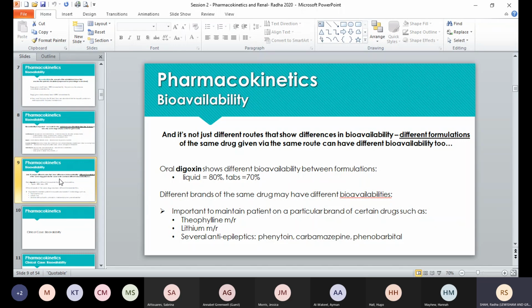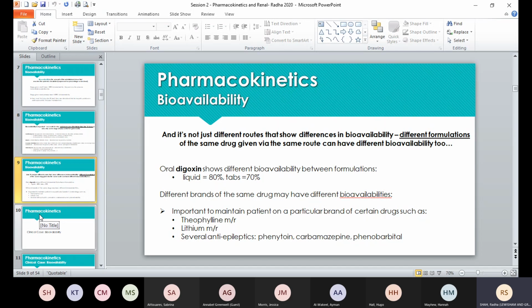Examples of these drugs include theophylline, modified release, a lot of the anti-epileptics, so phenytoin, carbamazepine, and phenobarbital. So it's really good to just have that in mind when you're prescribing, especially if they've come in on a drug history medication. So you should check, firstly, whether we stock that brand.